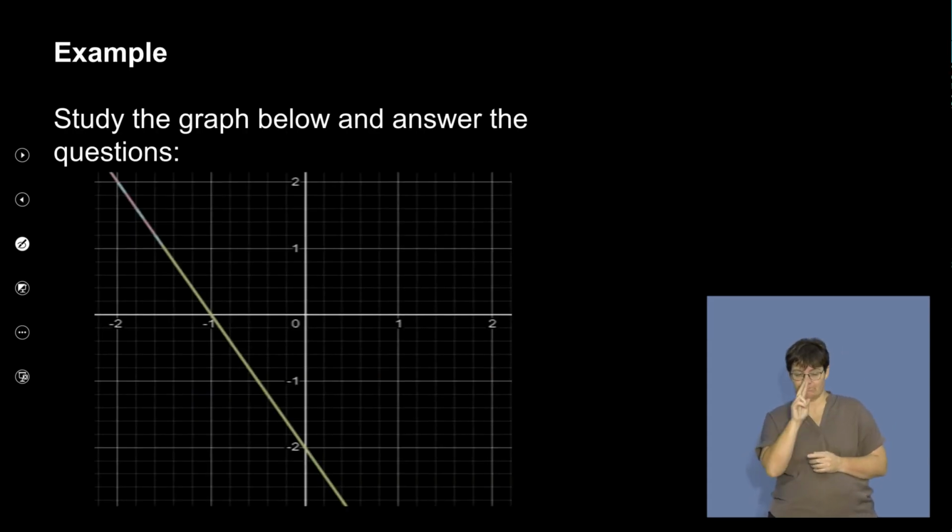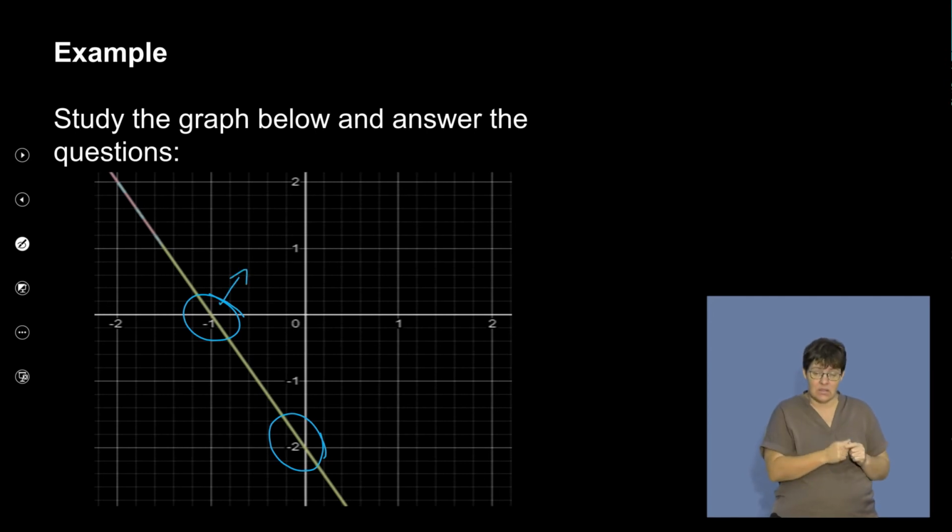Now we're going to study this graph quickly and then answer questions that have to do with the intercept and see how we see them on the Cartesian plane. Now, as you can see, this is crossing the x-axis at that point. It is crossing the y-axis at that point. Remember, what did we say? Where it is crossing the x-axis, we call it the x-intercept.